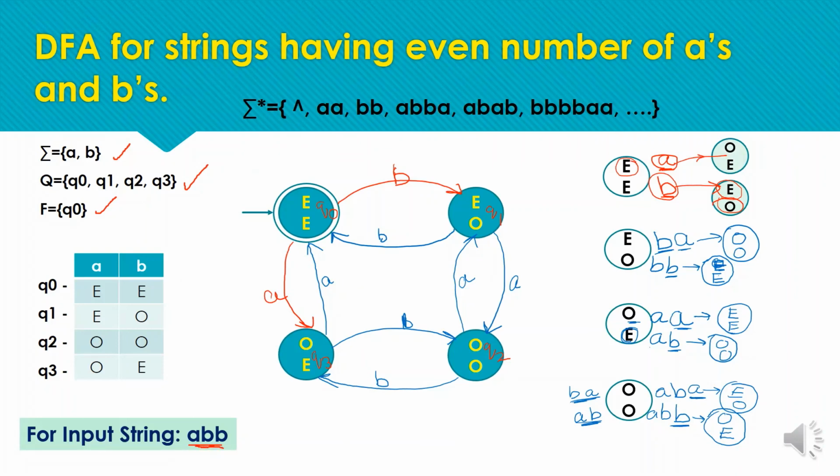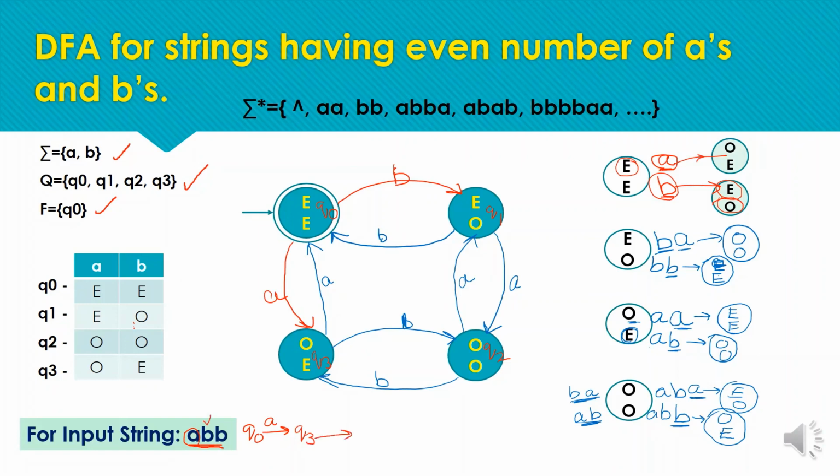So starting with this string, we start from the initial state Q0, and on receiving this first A, we move to the state Q3.